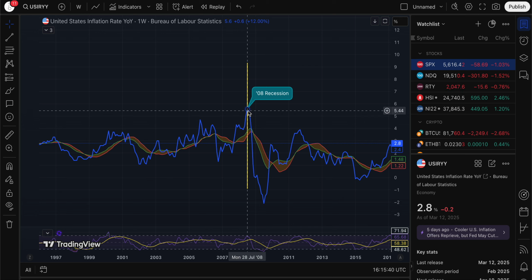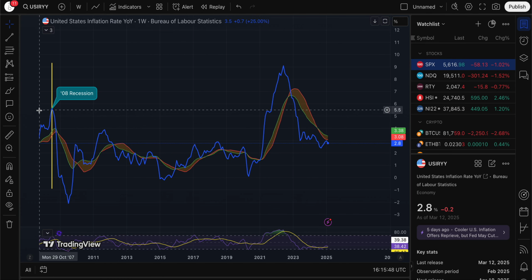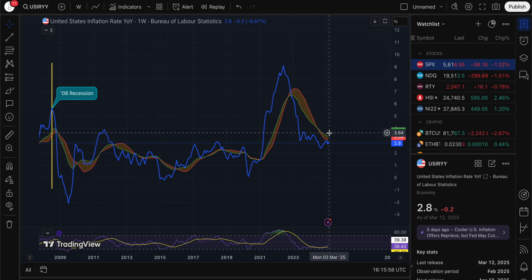Okay, I've highlighted the peak in inflation in 2008 in July at 5.6, which you can see right here on the chart. Now, while it is true, we definitely don't have a 5 handle on inflation this time around, which is welcome news, nobody wants to see prices break out, the narrative is quite similar. And what do I mean by that?